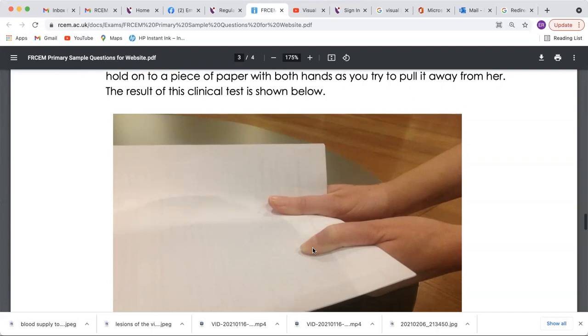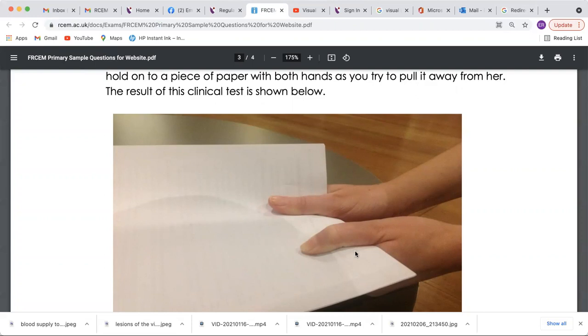So anyway, the question, it's a shuttle thing. You need to notice that the weakness here is actually in the interosseous muscles that cause abduction of fingers, here between index and thumb on the left hand.